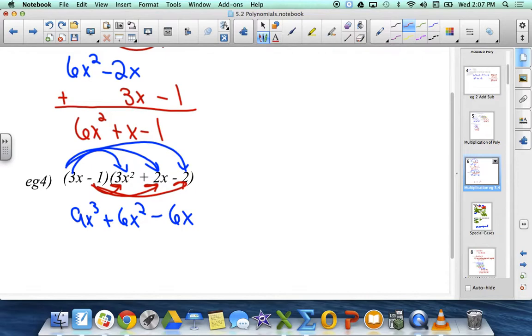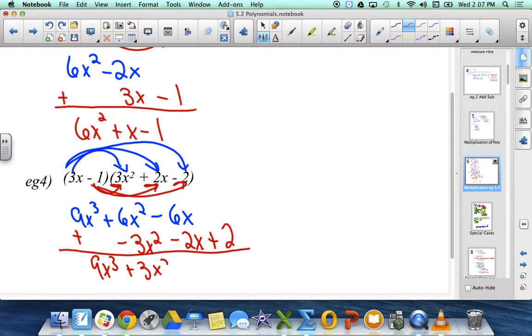So we get minus 3x squared minus 2x minus a minus makes it plus 2. So we get 9x cubed plus 3x squared minus 8x plus 2. Everybody okay with that?